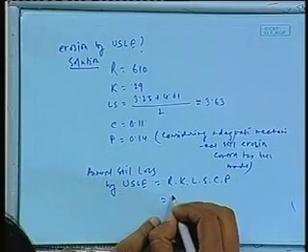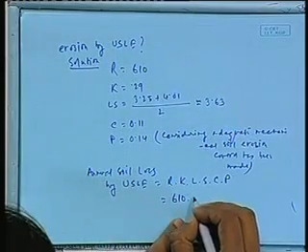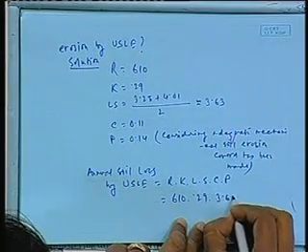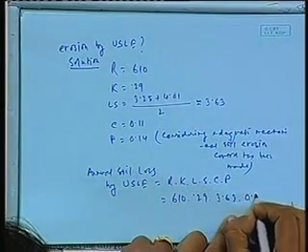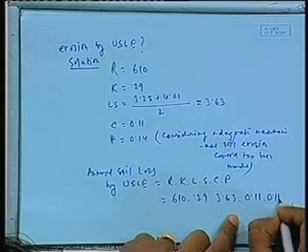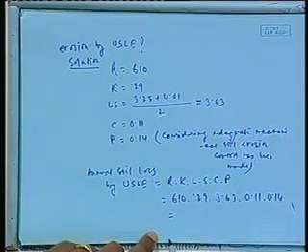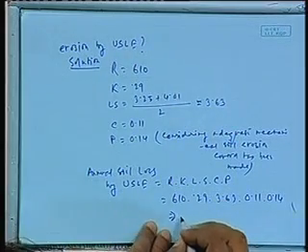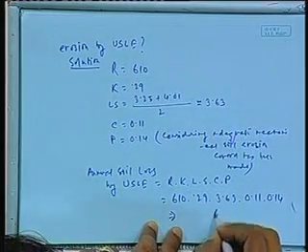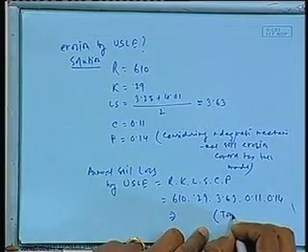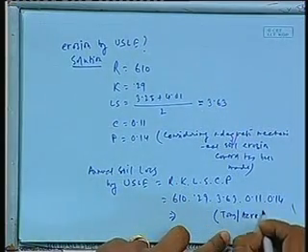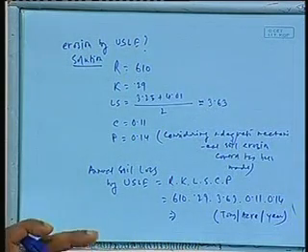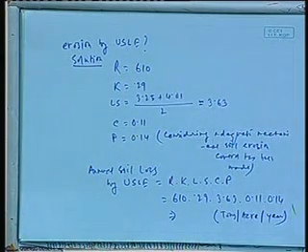So R is 610, K we can find 0.29, LS is 3.63 multiplied by 0.11 into 0.14. So this is the value that we get, in terms of tons per acre per year. We can calculate the annual soil loss.